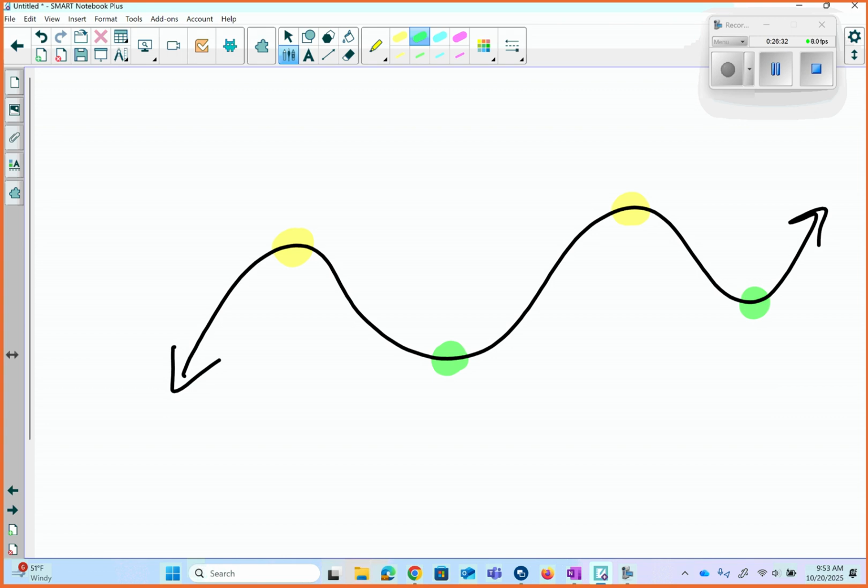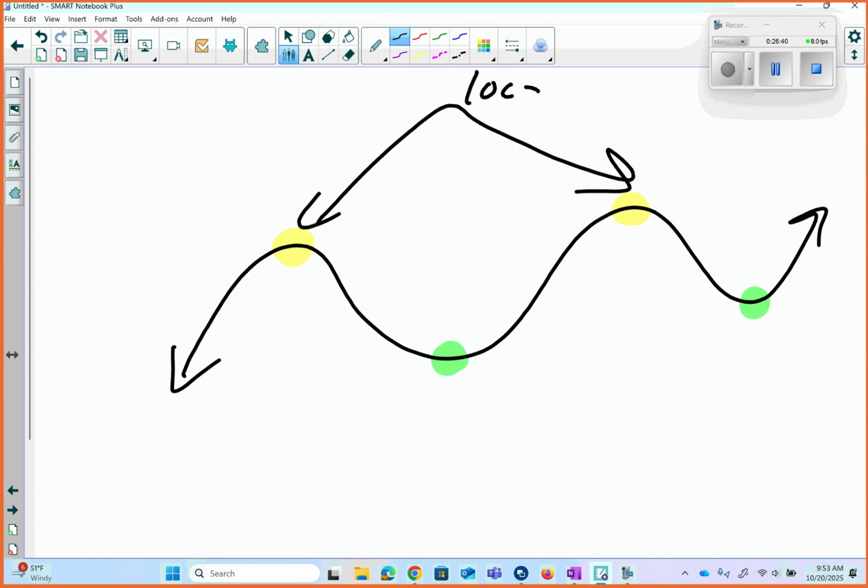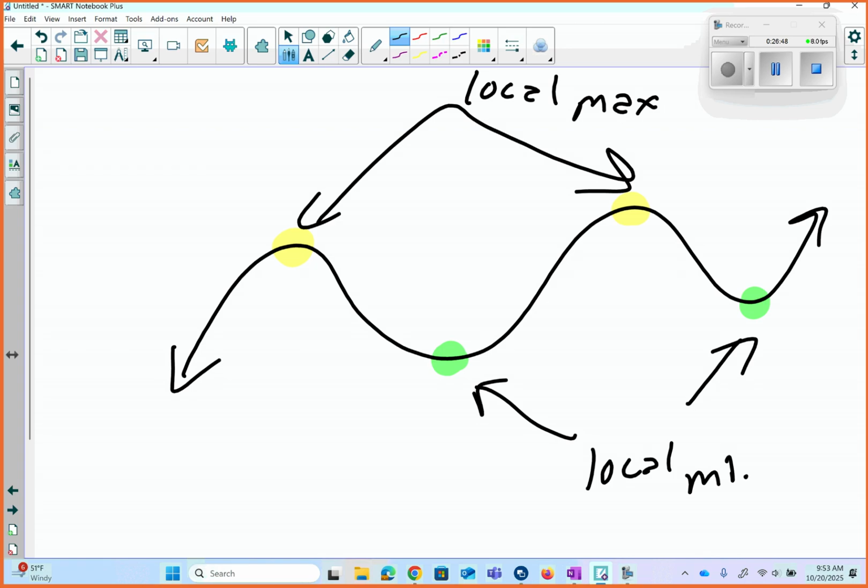Okay, the yellow dots are local maxes, and the green dots are local mins. Which means the slope going up to here, these are all positive slopes, gets to right here, it's 0, then it's negative.